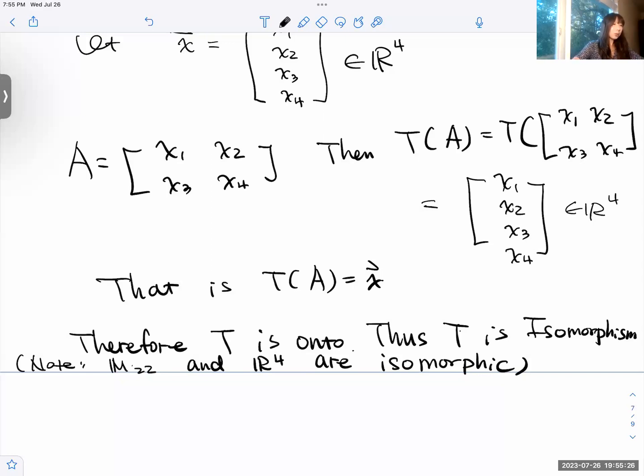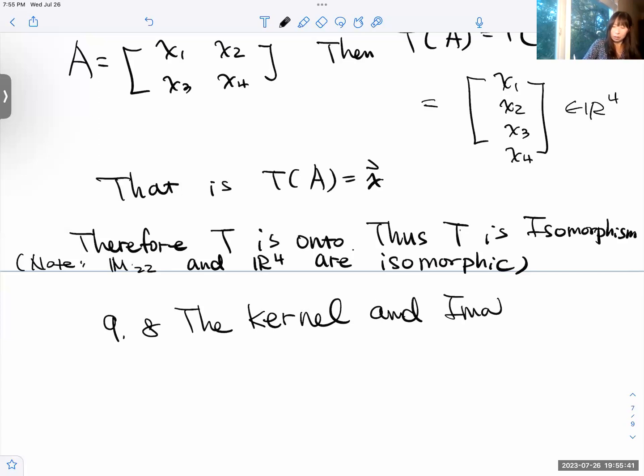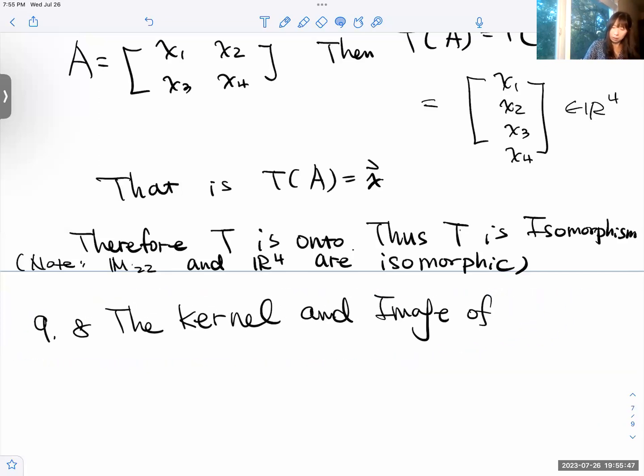Okay, so let us do 9.8 really short. So 9.8, the kernel and image of a linear map. So we talked about the kernel earlier, right?